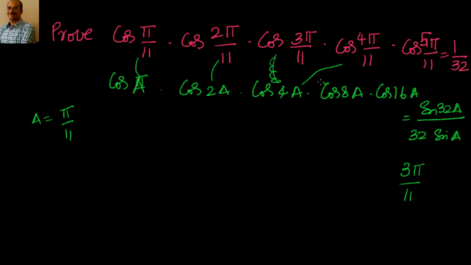I have to make cos 8a from 3 pi by 11, I have to make cos 8 pi by 11. That means 3 pi by 11, I can write it as pi minus 8 pi by 11.